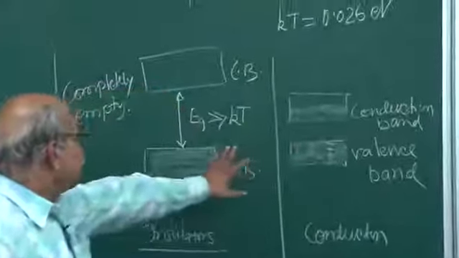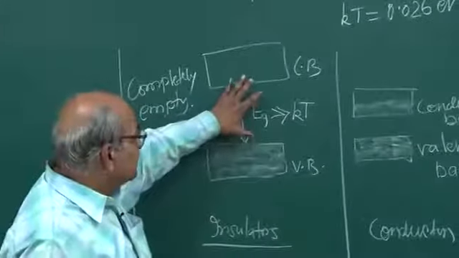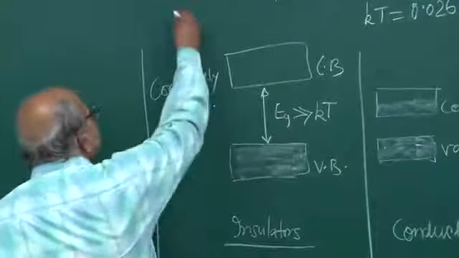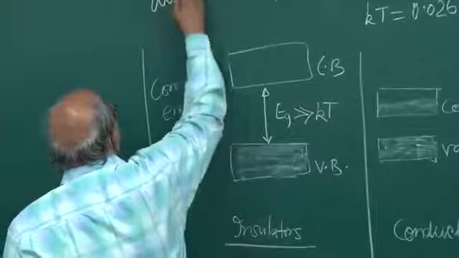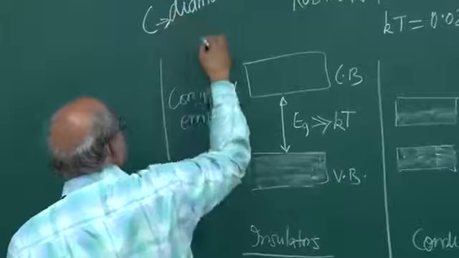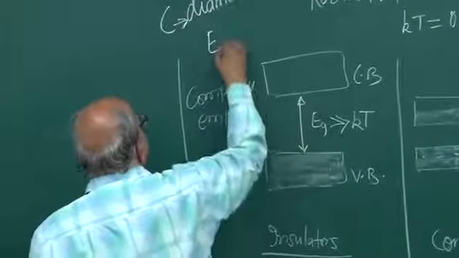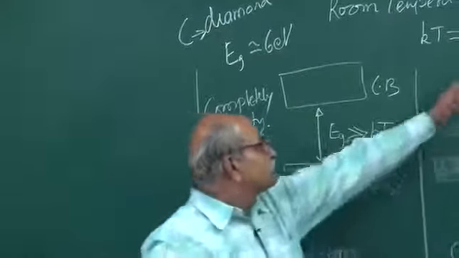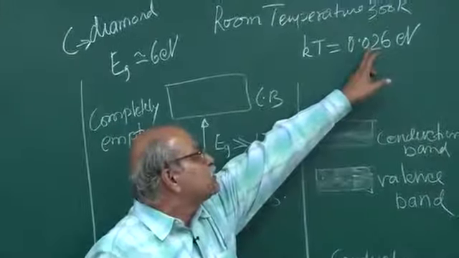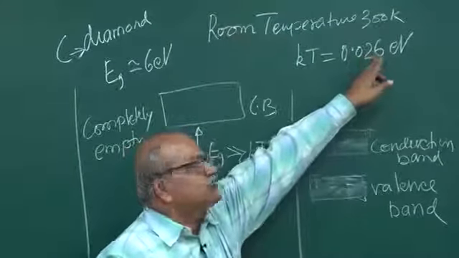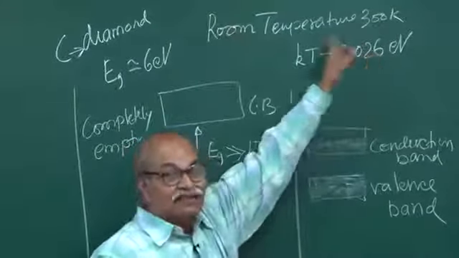So, if you have this kind of situation where this gap is large, let us say for example carbon in diamond form, this gap Eg is about 6 electron volts. So, compare, 10 times of this will be 0.26, 100 times will be 2.6, and this is 6, so several hundred times of this kT.